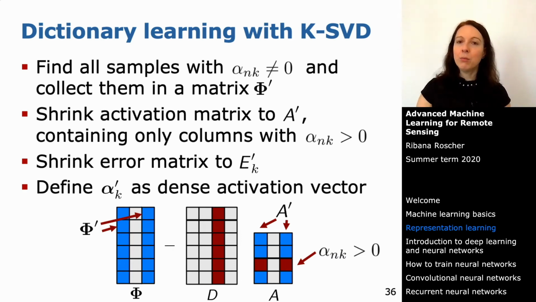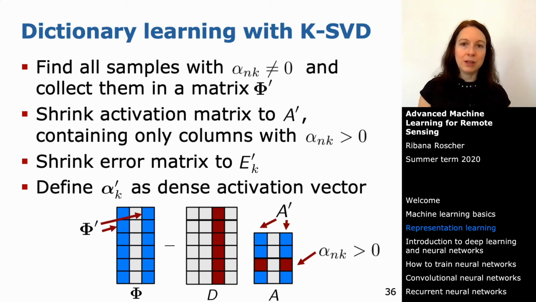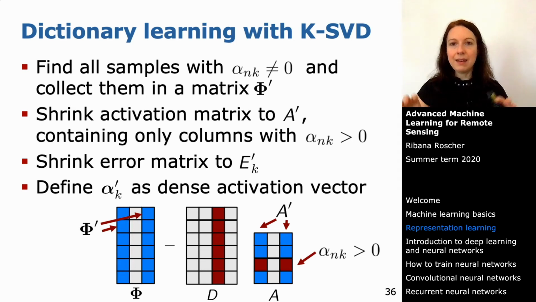Then in the same way you shrink the activation matrix, and here it contains only the columns where you have non-zero elements. In the same way this also applies to the error matrix. So we shrink the error matrix to E prime, and because we do all this, we only look at those elements which are involved in the current reconstruction.